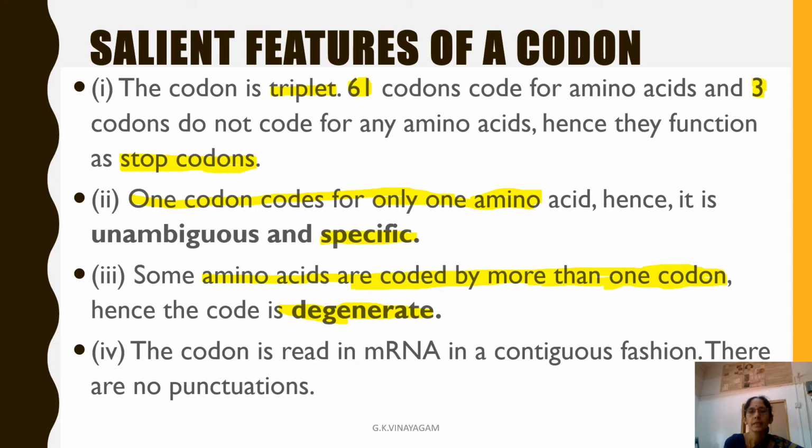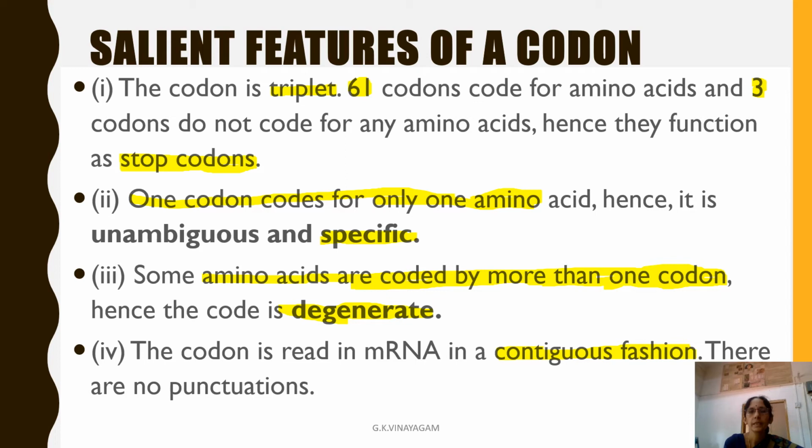And then the codon is written in a continuous fashion without any punctuation mark. No comma, full stop, colon, semicolon, nothing. It is written in a continuous fashion. So, to recap: the codon is a triplet. 64 codons are there. 61 codons code for amino acids. 3 codons do not code for any amino acids.